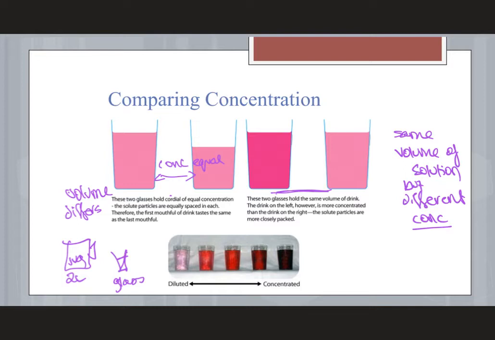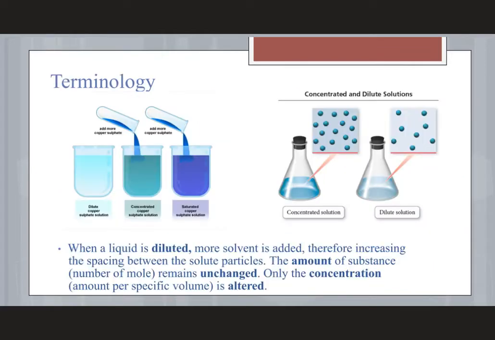Because if we have a different concentration, then we have a different amount of substance in each one. If I have a different amount in the same volume, my concentration is going to be different, because concentration is simply a measure of the amount of solute in a given volume. We're always looking at the amount of solute in a given volume.